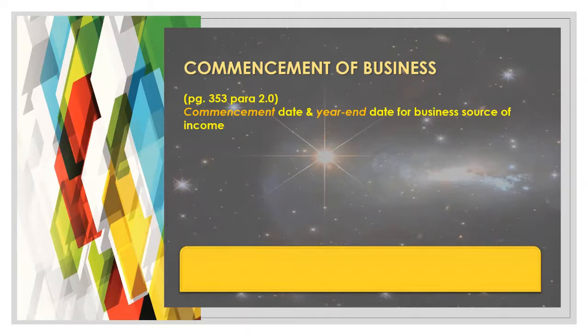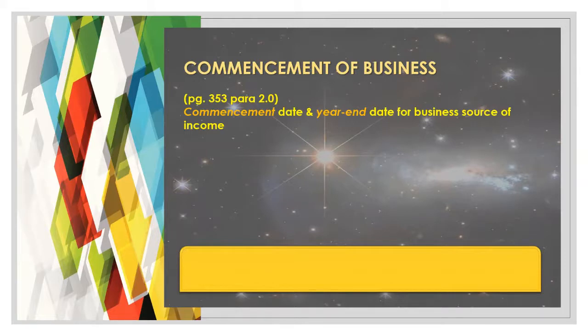For instance, if you incorporate your business in SSM on, for instance, 15 January 2019, not necessarily you commence your business on 15 January 2019. You might wait a while, then only you start to commence your business. How do we know when the companies actually commence their business? For instance, if you're talking about manufacturing, is it the first day that you do your sales?